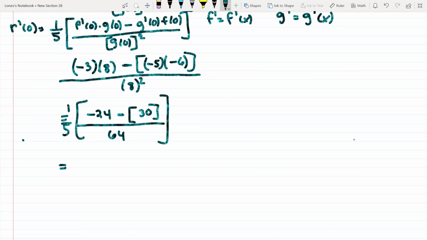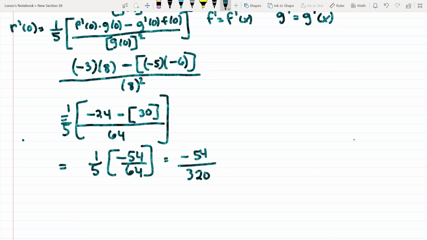Negative 24 minus 30 is negative 54 over 64. And we still got to times it by 1/5, which is negative 54 over 320. And you can divide this by 2, so that would be negative 27 over 160.